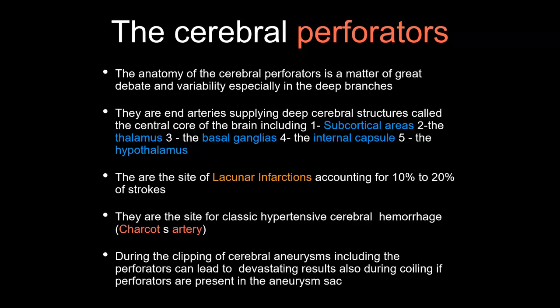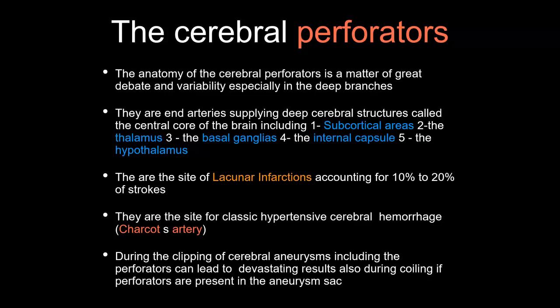as we'll see. You also meet these perforators during clipping of cerebral aneurysms. You can include some perforators during clipping of the neck, and this is very serious. It can result in serious, devastating consequences up to coma and death.